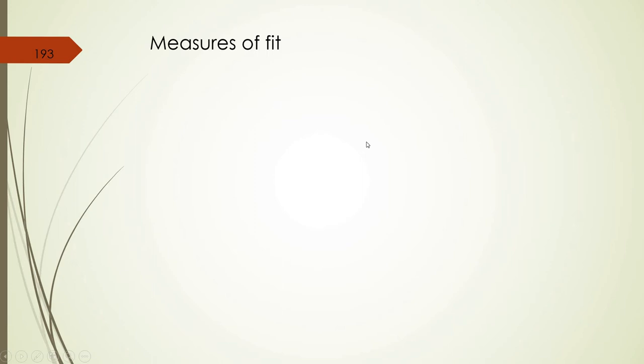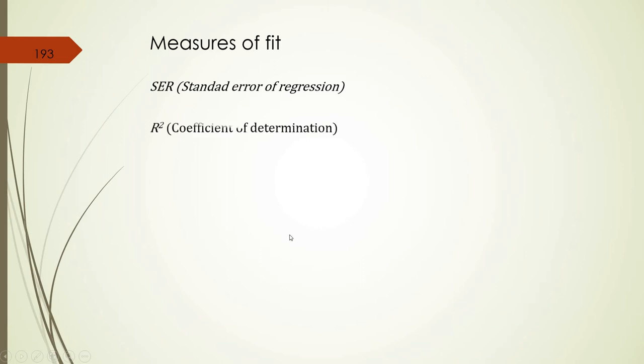Okay, besides regression coefficients, we will always calculate the measures of fit. These are the same measures of fit as in the case of the simple regression model, but now we have adjusted R-square.